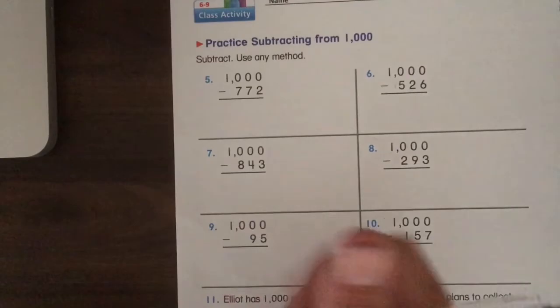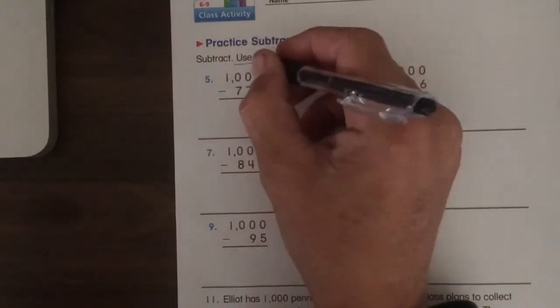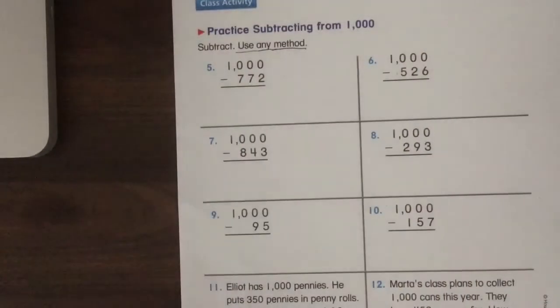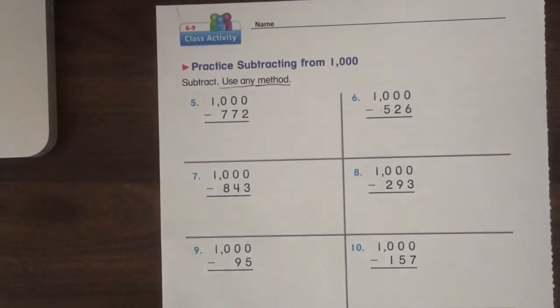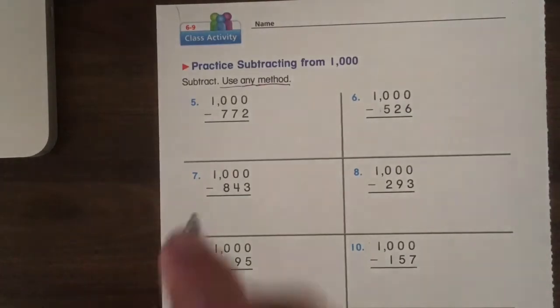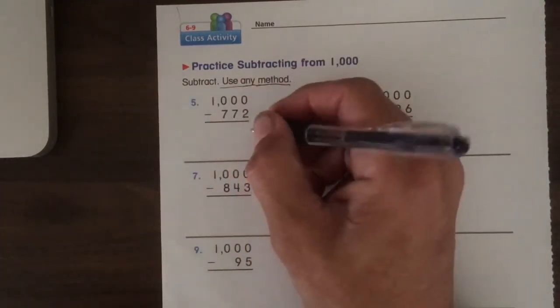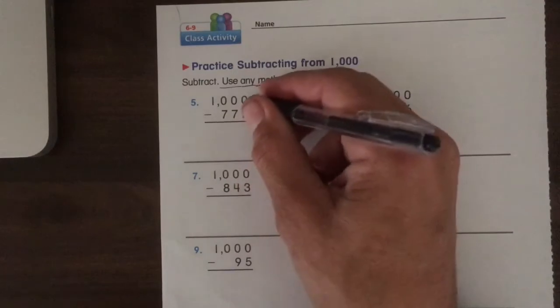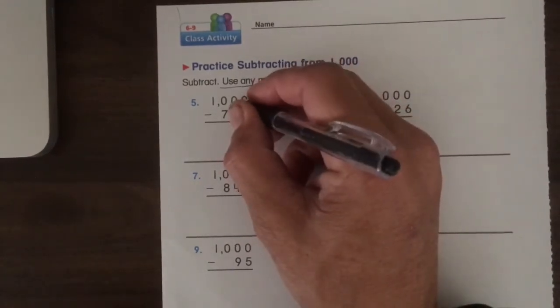Again, what you'll find is it says use any method, but really the only method that's going to work efficiently when the numbers get this large is going to be the algorithm, where you're just trading for tens, hundreds, or ones. So starting from here, I can't take 2 from 0, so I'm going to go next door.